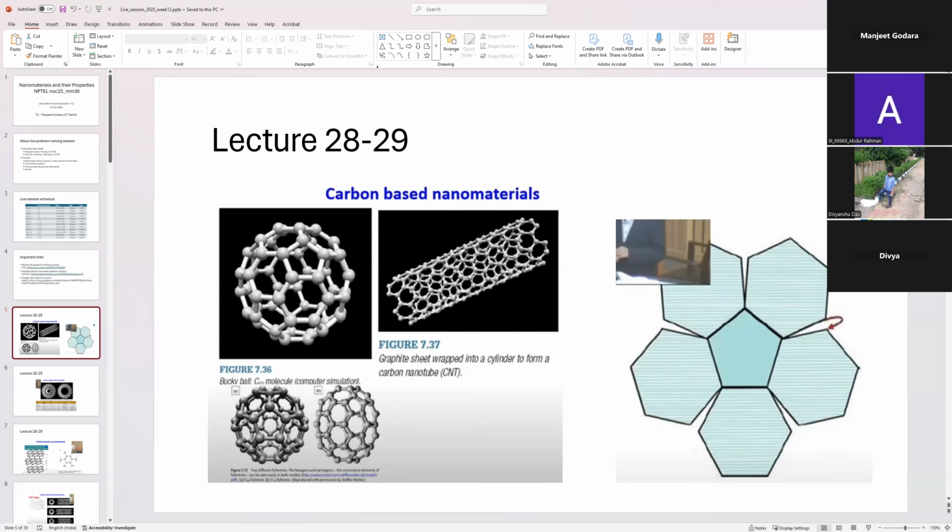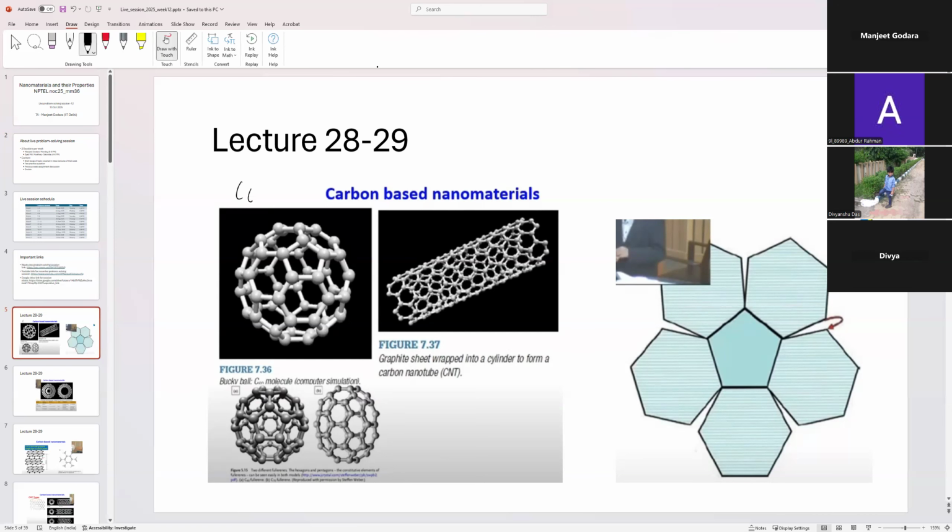So they're kind of football-shaped nanoparticles made of 60 carbons, C60, with the hexagonal and pentagonal rings which form the pair.